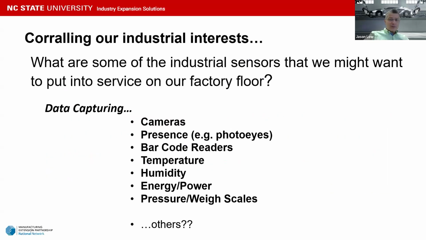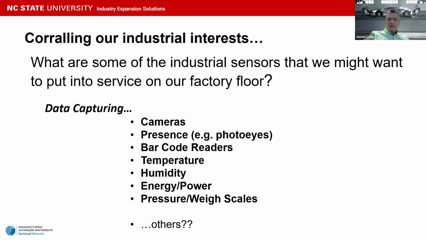And so for industrial sensing, we might think of cameras, we might think of photo eyes, then those things might be installed on a conveyor line, along with barcode readers. We might, within a process, look at things like temperature and humidity and power use, and things like weigh scale.